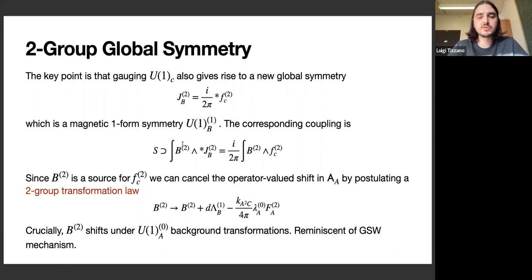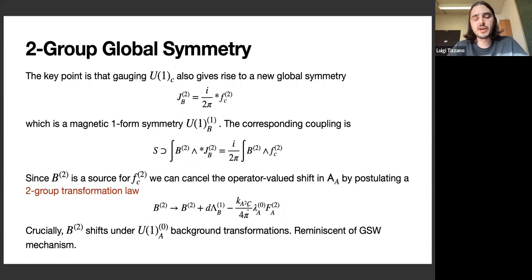Remember that B_2 is a two-form, and so I can try to adapt the transformation law of B_2 to cancel the two-forms that appear in the anomaly functional. And how do I do that? I modify the gauge transformation of B_2, apart from a piece that is the d of a one-form, by a piece that depends explicitly on the gauge parameter of the symmetry A and on the background field strength F.